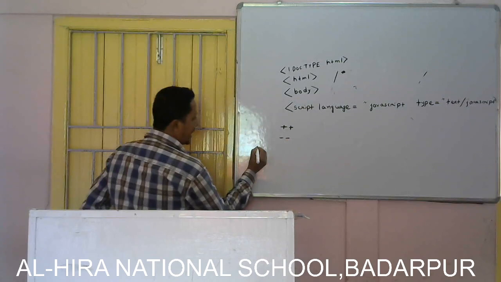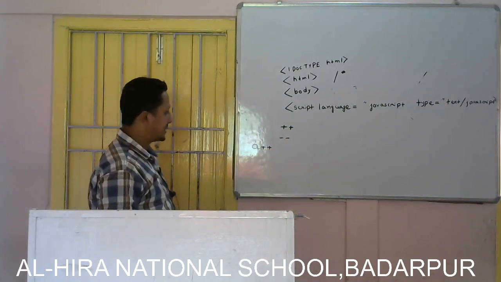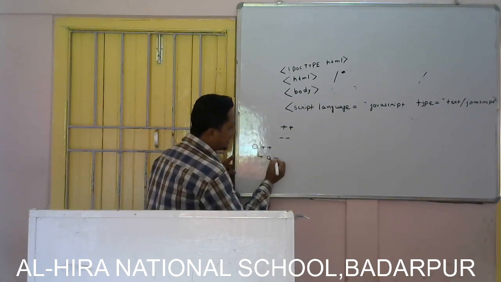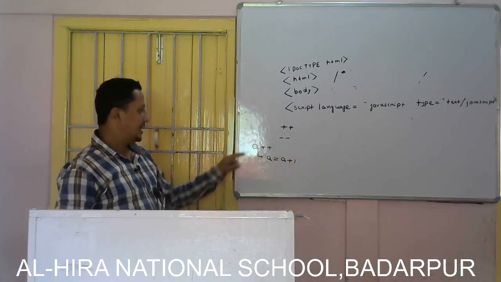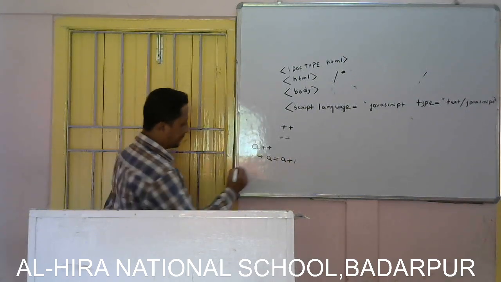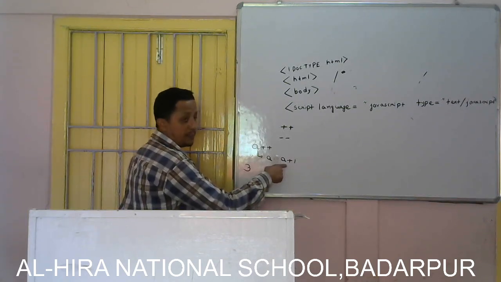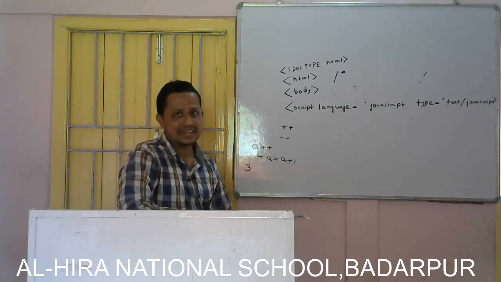Now see, a plus plus means a is equal to a plus 1. For example, the value of a is 3. So here it will become 4. It is increased. So increment means increases.